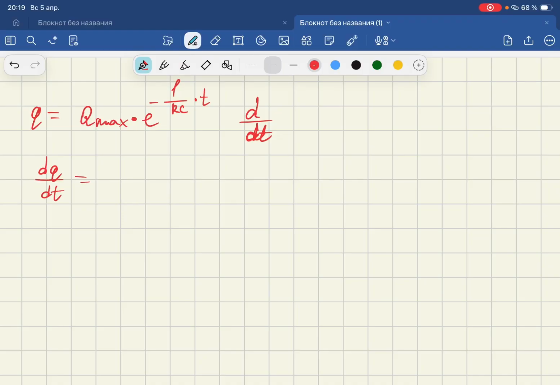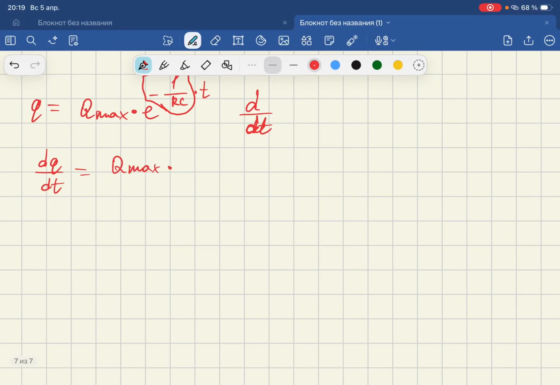It's equal to q max times, if we take the derivative from the t, this coefficient in the power will move to the front: minus 1 divided by RC times e to the power of minus 1 divided by RC times t.